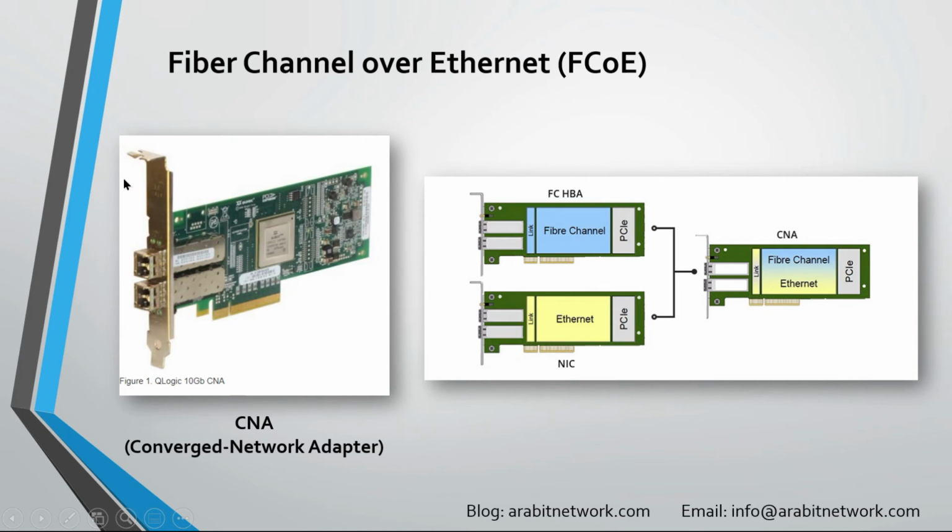This card is actually called a CNA card. It's not only an HBA card, now it's a converged network adapter. This card supports both fiber channel for storage and also Ethernet traffic. So this card actually has two virtual cards within it.